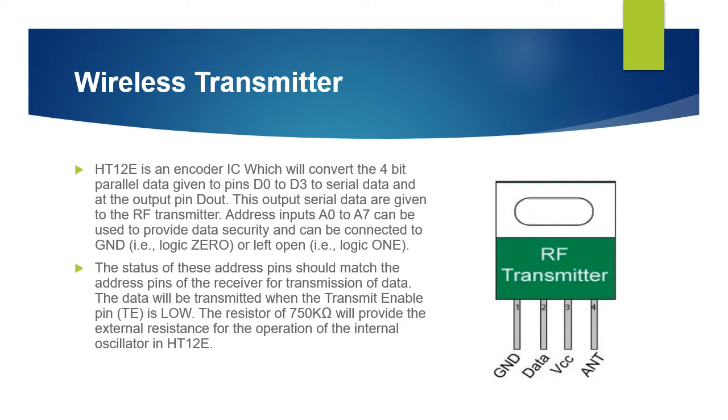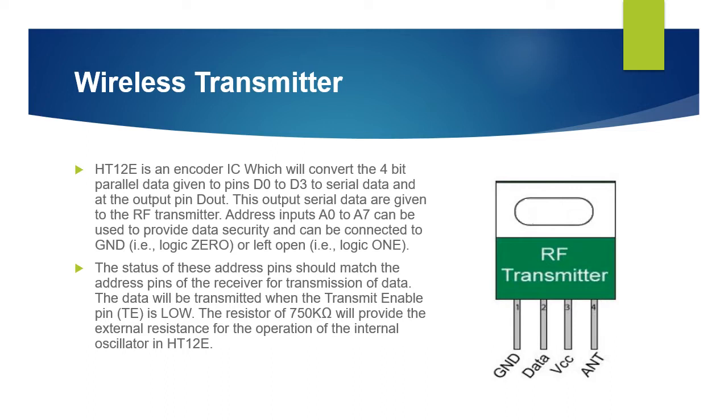Let us look into wireless transmitter. Here we are using the radio frequency transmitter. HT12E is an encoder integrated circuit which will convert the 4-bit parallel data given to pins D0 to D3 to serial data at output pin D out.